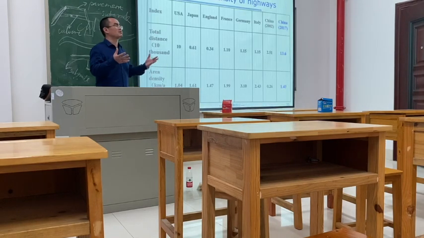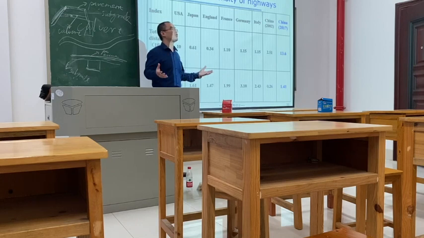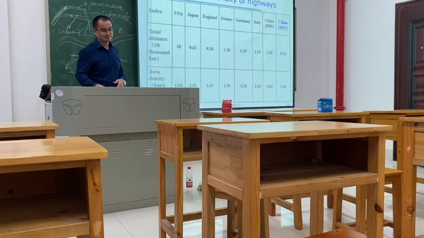Russia is a very big country, so the area density is very small, smaller than China.